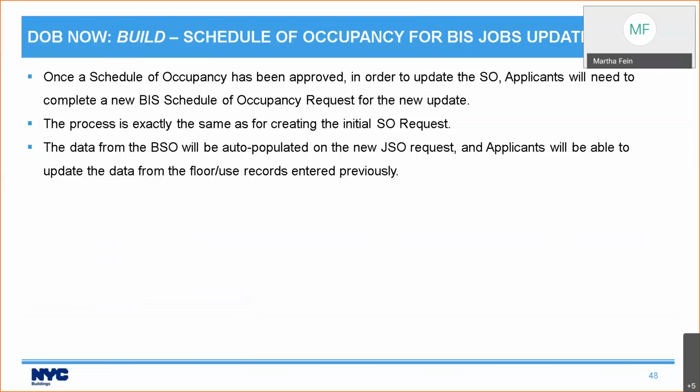You're going to create a new BIS schedule of occupancy request for the same job number. And the FLOORUSE records from your original request will get auto-populated onto your new request. And then all you have to do is make the changes as necessary.